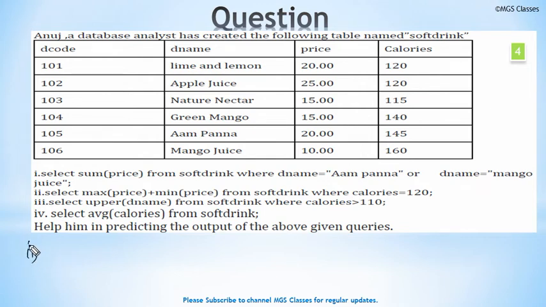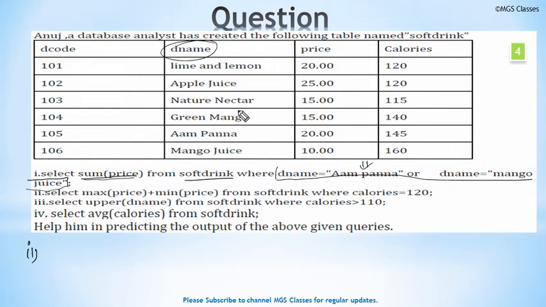So the first query is given here: select sum of price. We need to calculate the sum of price from the table soft drink, where condition is mentioned here. So it is important to filter out the rows as per the where condition. So where the D name is Aam Panna, or the D name is mango juice.